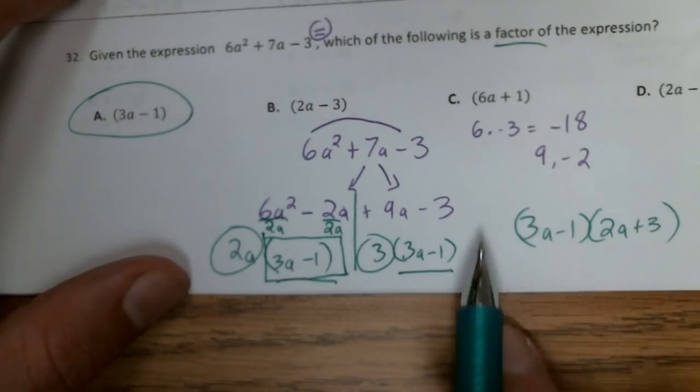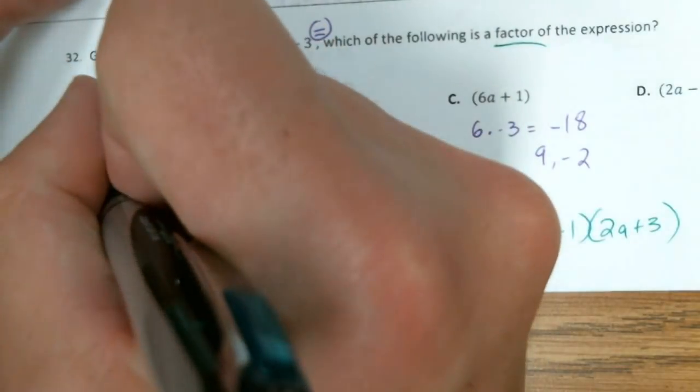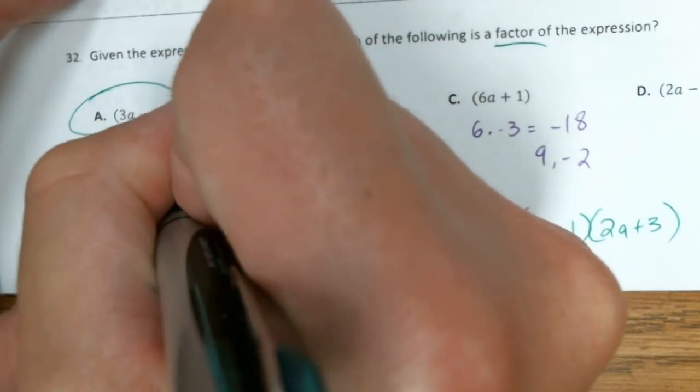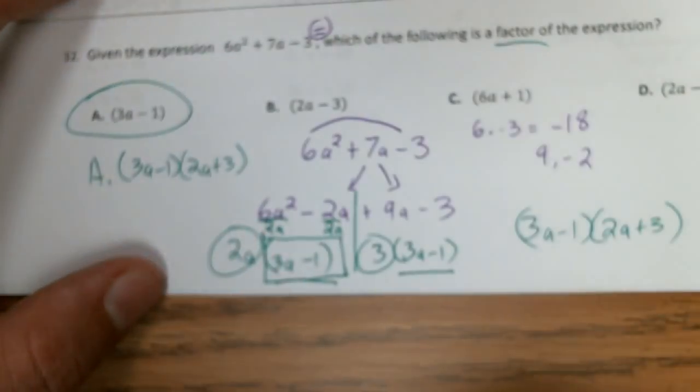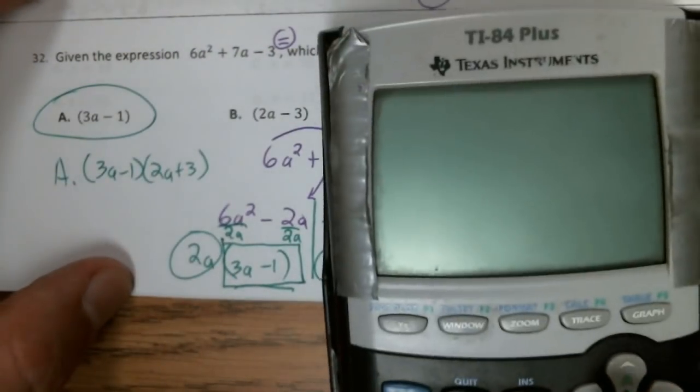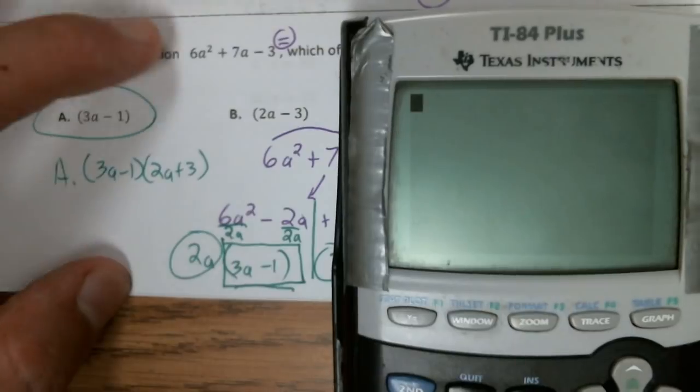Now, if your answer choices had both factors, if one of your answer choices was this, 3a minus 1 times 2a plus 3, then shoot, yeah, I can just type this into my calculator.